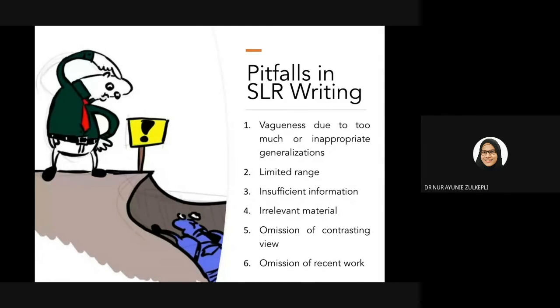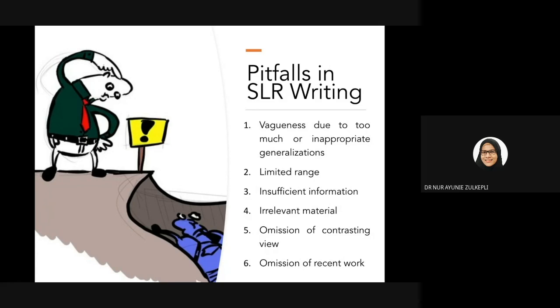Maybe for your DRP, you only pick like 5 references. When an examiner looks at your reference list, bibliography and so on, we can assume that this is not a good information source, or insufficient information. Also putting in many irrelevant materials which are not related, and the exclusion of contrasting views or omitting of recent work.